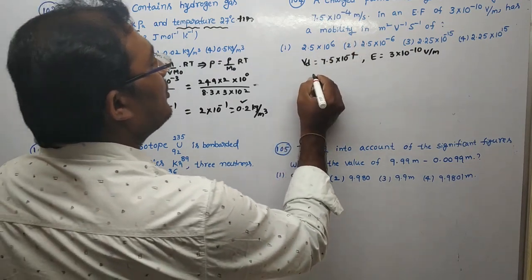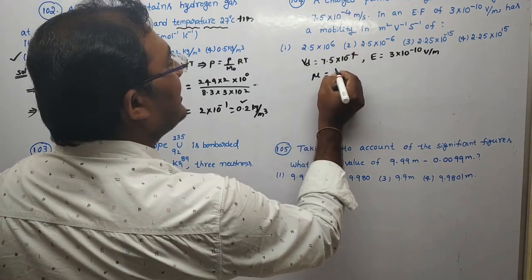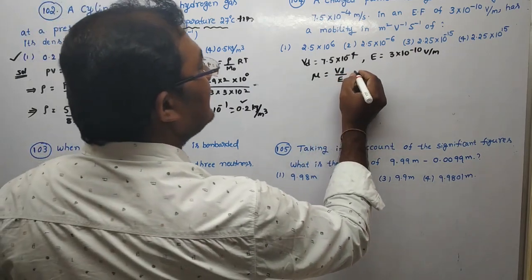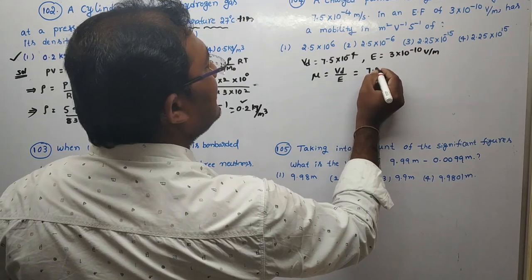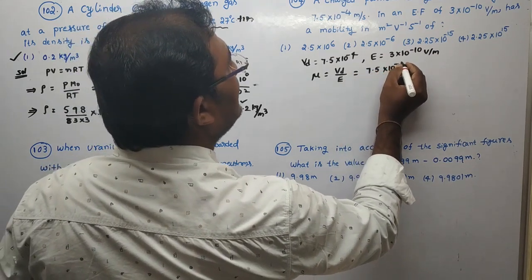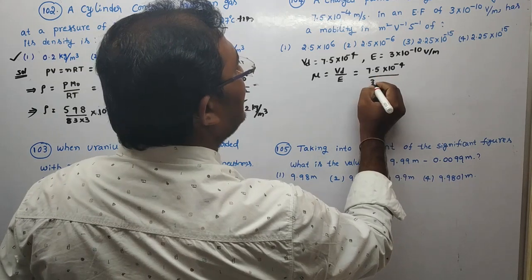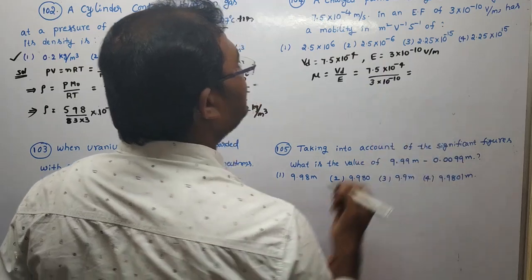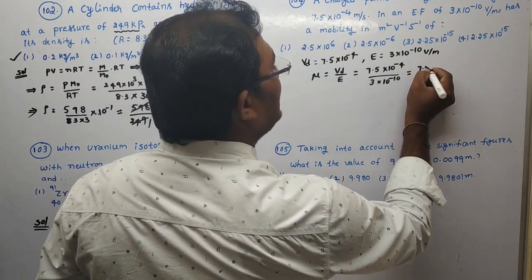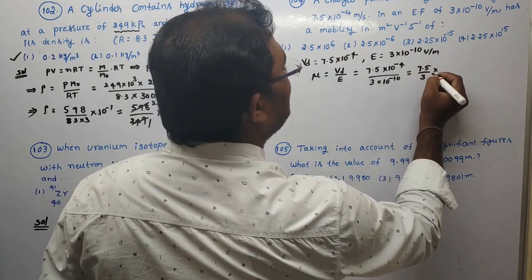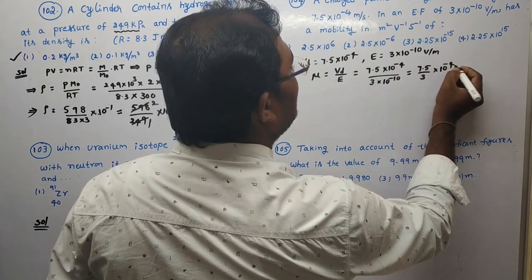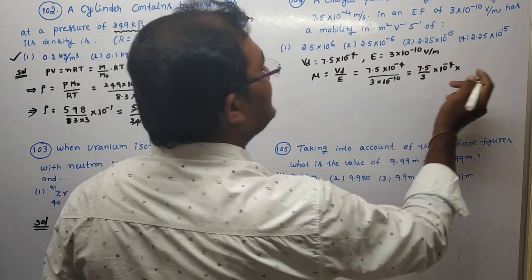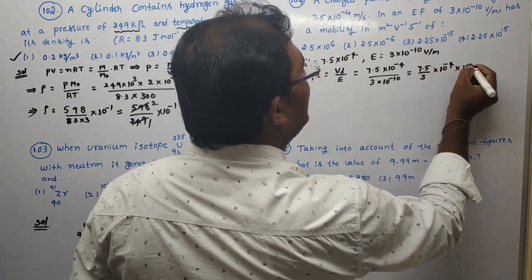We know that mobility is nothing but drift velocity per unit electric field, that equals Vd, 7.5 into 10 power minus 4 by 3 into 10 power minus 10, that equals 7.5 by 3 into 10 power minus 4 into, if you bring the 10 power minus 10 upwards, it becomes positive 10 power 10.